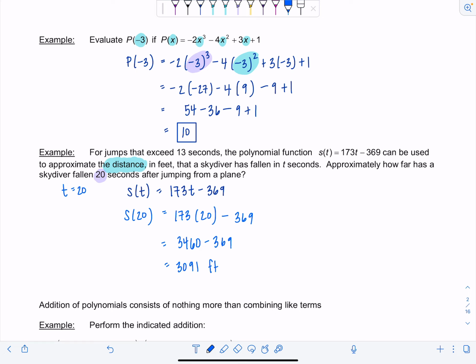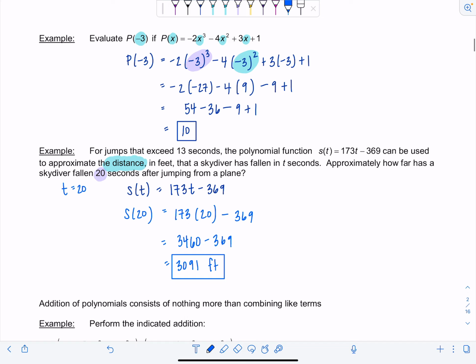Yes, put those units on there because they told us that it represents feet, so then you have to use it. Where did they say feet? I'll show you right here.